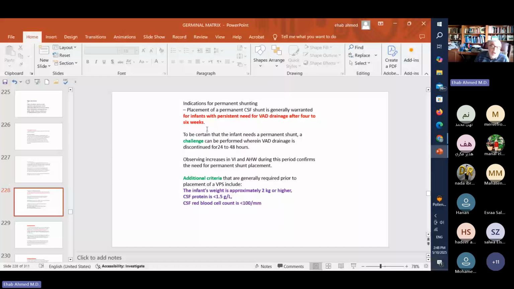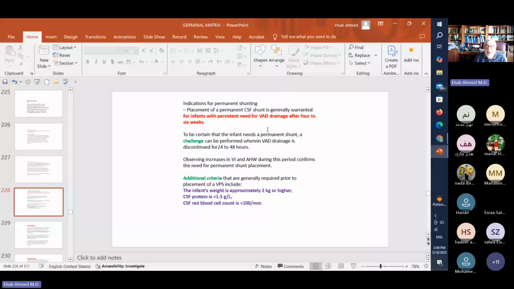What we do: serial LP, the ventricular device to aspirate CSF, direct ventricular drainage. We have the subgaleal shunt, and lastly we have the peritoneal or arterial shunt.